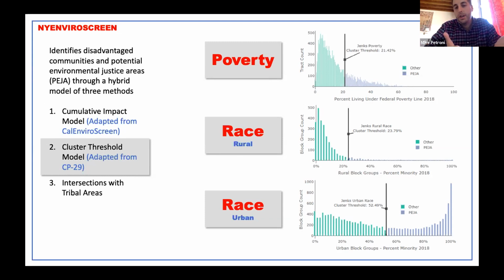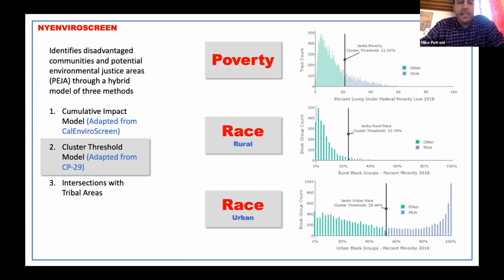If you're below, you're not. And so we wanted to update this process using more recent data, but we wanted to also incorporate it into this tool so that we didn't lose the protections for some communities that had been given to them before.